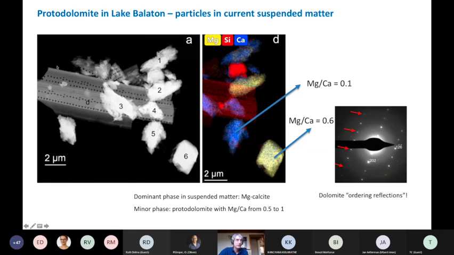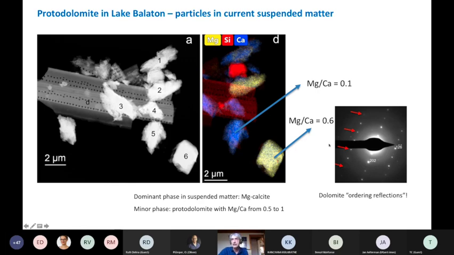There are some diatom fragments, and all these numbered particles are carbonates. And most of these carbonates are just magnesium-bearing calcite. Those are the blue ones. And usually they have this ratio in them. But sometimes you can fish out these yellow ones in which the magnesium-calcium ratio is larger than half.